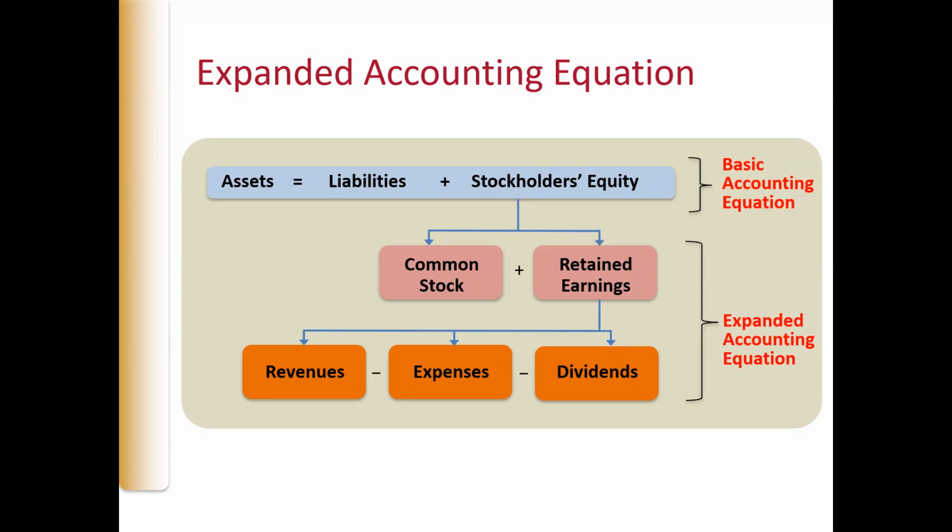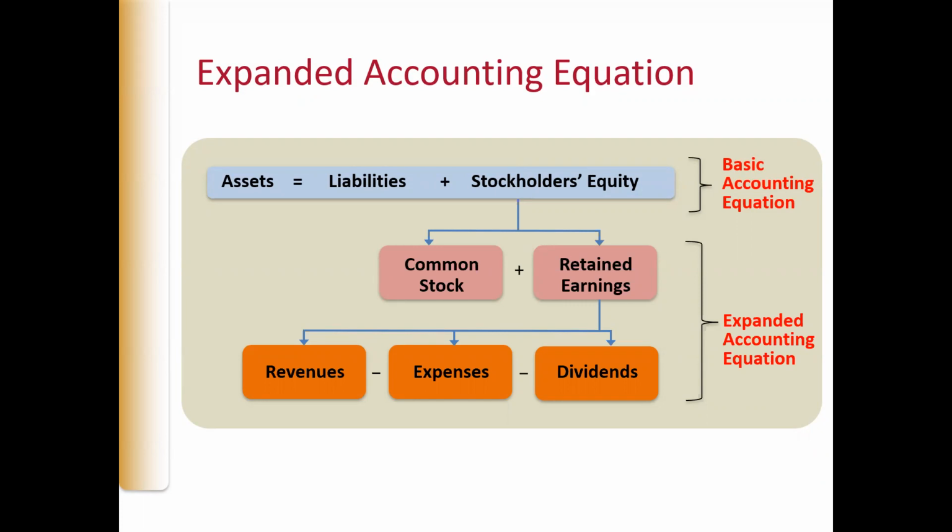Yep. Okay. Well, what is net income? Net income is really revenues minus expenses. Revenues increase retained earnings while expenses decrease retained earnings. The revenue and the expenses are part of the income statement.